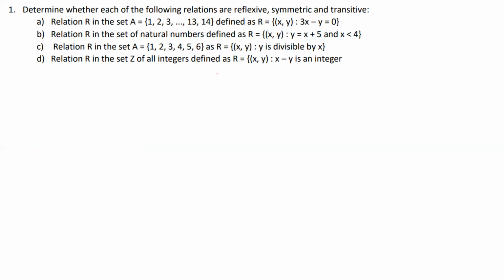So x minus y is an integer. Okay. So if x and y are integers, and when you subtract x and y, the answer that we're going to get will still be an integer.